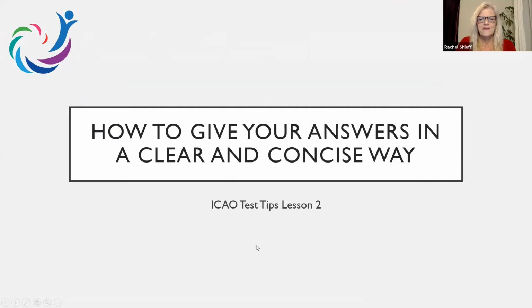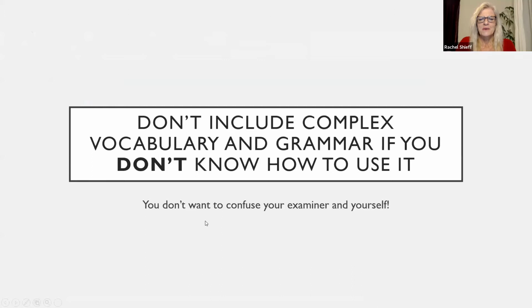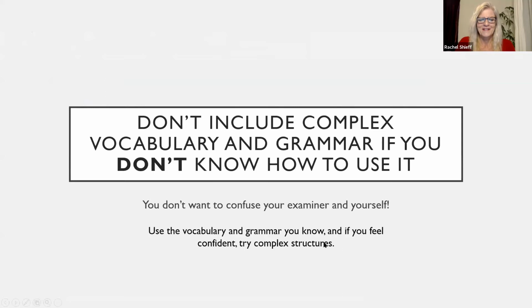So, how to give your answers in a clear and concise way, which of course is extremely important. Don't include complex vocabulary and grammar you don't know how to use. Okay? You don't want to confuse your examiner or yourself.